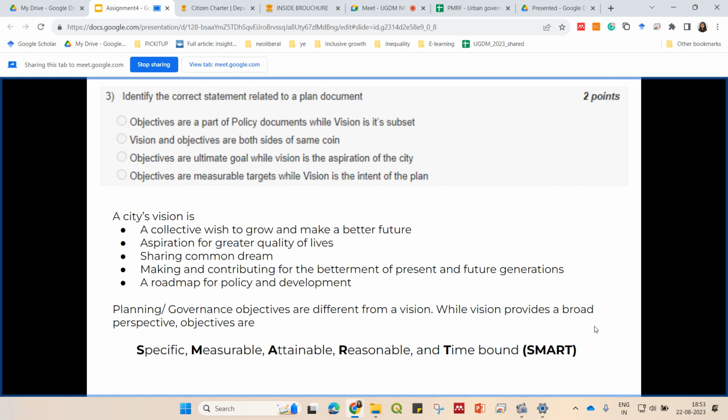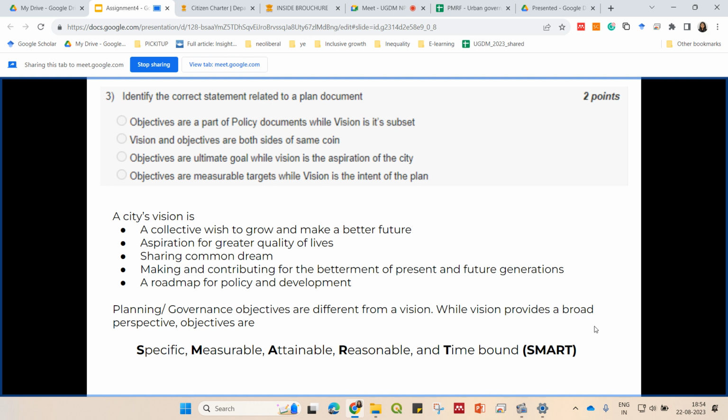So you can measure, maybe in terms of traffic volume, and this number of roads to accommodate this number of traffic volume should be there. So there should be some measurable component to the objective. So objectives first are specific and then they have a measurable component to them. So you can actually measure what amount of work or what amount of development needs to be done.